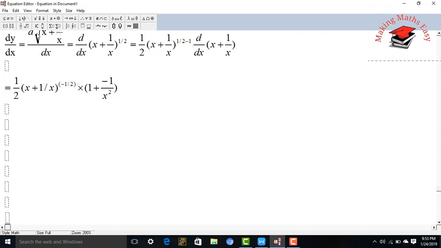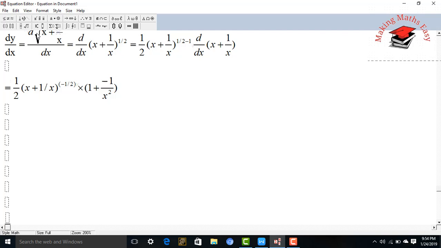If we take the derivative of any function, let's say x, we have to bring it into a form that shows some kind of power. If it is a root, we have to write 1 by 2. If it is minus 1 by 2, then it will go in the denominator, and if it is in the denominator, it will go in the numerator and become minus 1 by 2.